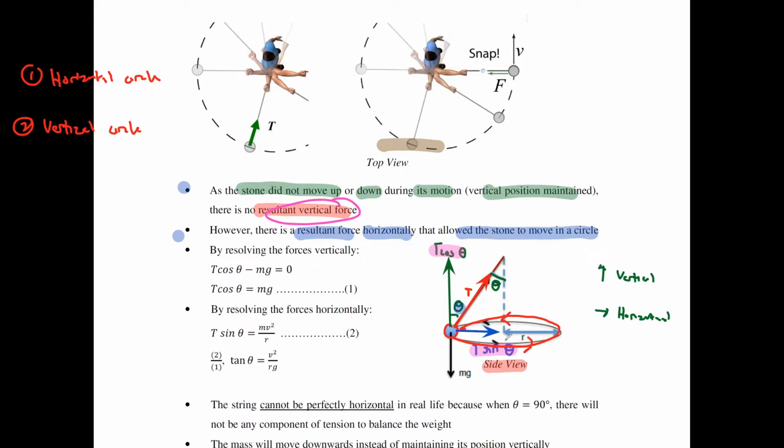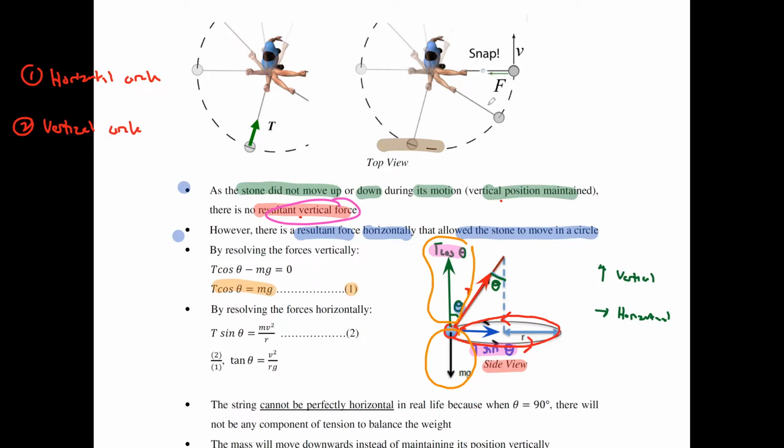During the time that it is moving in a horizontal circle, the stone never moved up and down. So no motion up and down, vertical position maintained, no resultant vertical force. This would mean then T cos theta must be balancing the weight. So you have T cos theta equals mg.